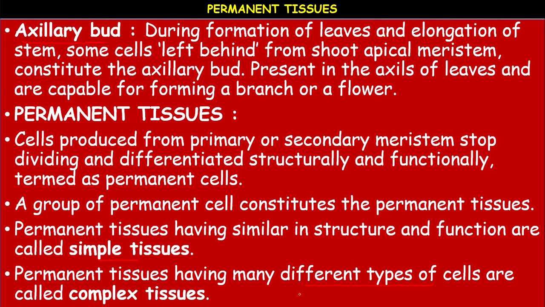A simple permanent tissue is made up of similar permanent cells that carry out the same function or similar set of functions. Simple permanent tissues are of three types, which we are going to discuss: parenchyma, collenchyma, sclerenchyma. Whereas complex permanent tissues are made up of more than one type of cells working as a unit, and these are again divided into two, xylem and phloem.